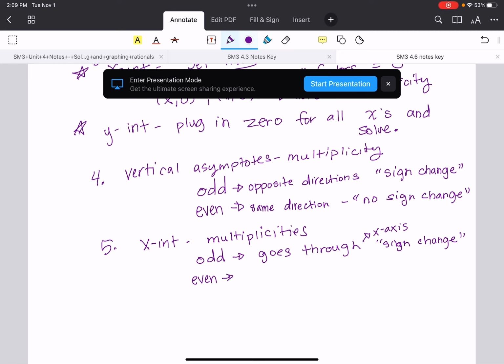The even, it bounces. So no sign change. Are there any questions so far?